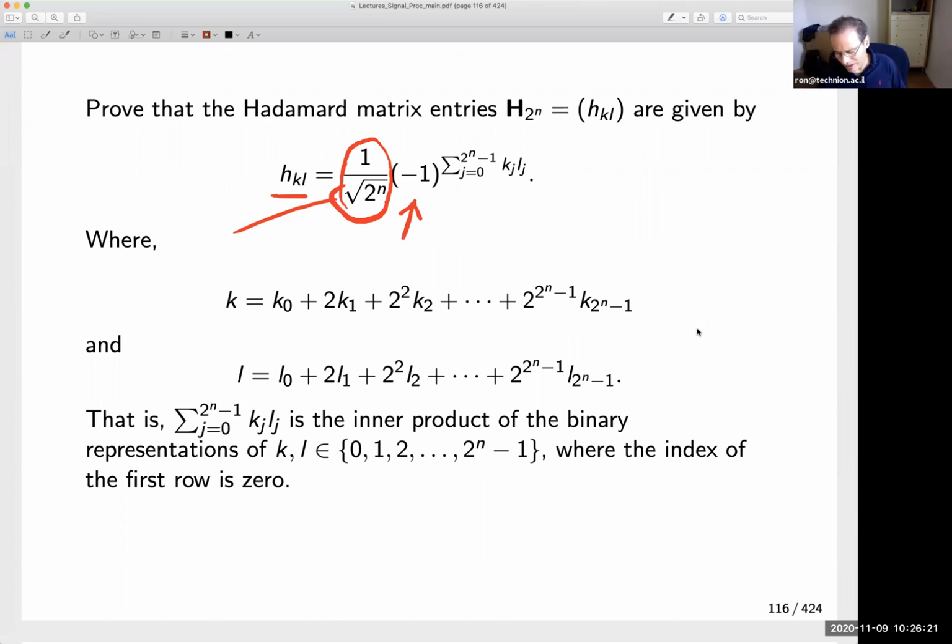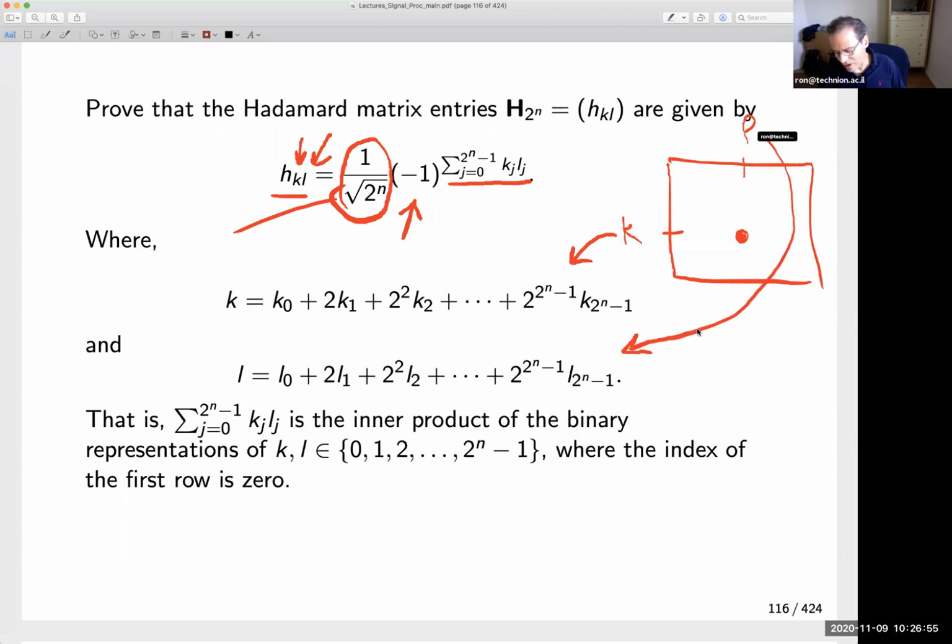We have the K and the L entries in the matrix. So assume that this is my Hadamard matrix, and this would be the Kth entry and the Lth entry. This is the element that I'm now inspecting. So it would be either 1 or -1, and deciding whether it would be 1 or -1 is taking -1 to this power. Now, what is this power? I write K in its binary form, and I write L in its binary form.